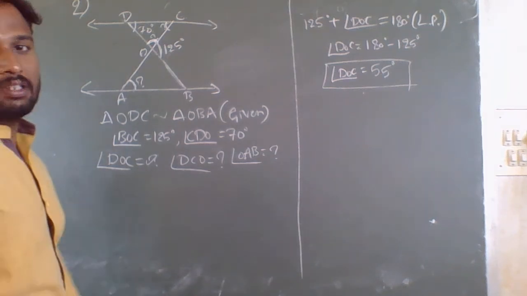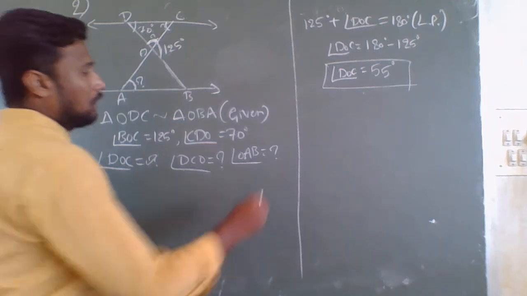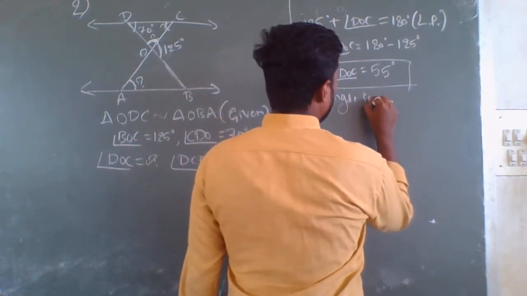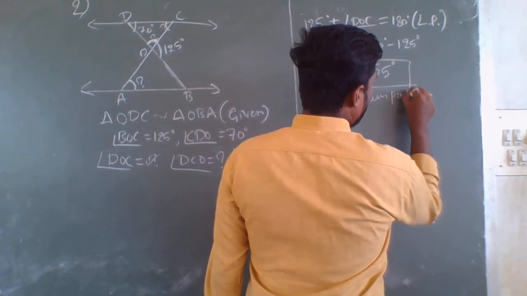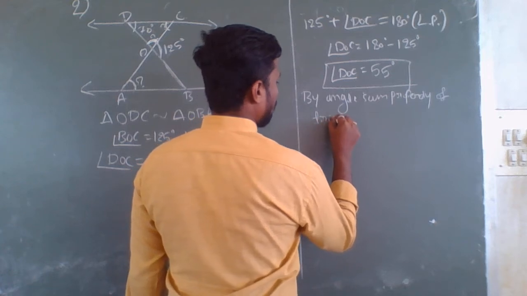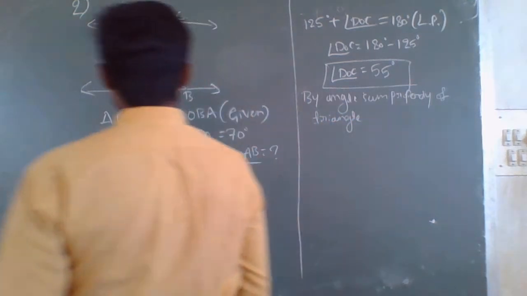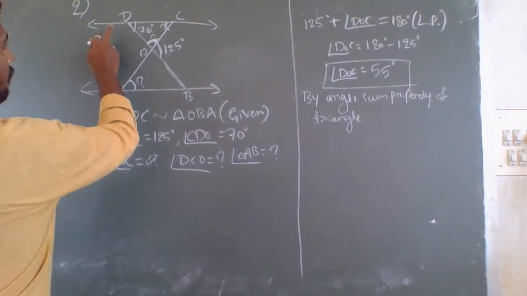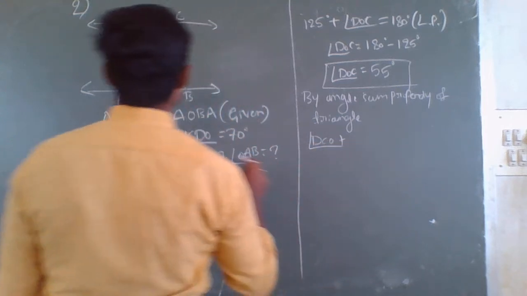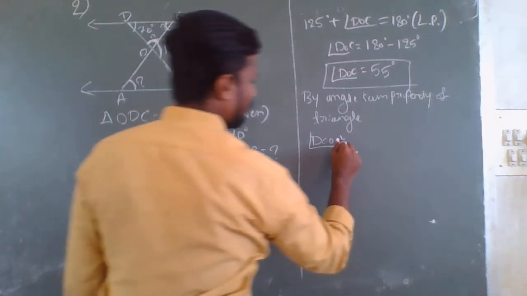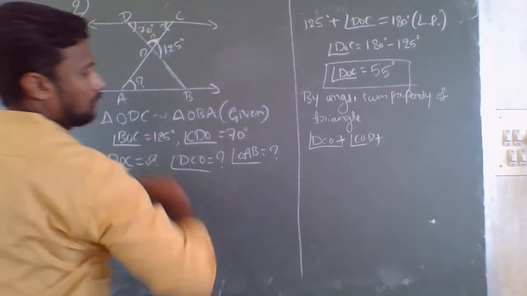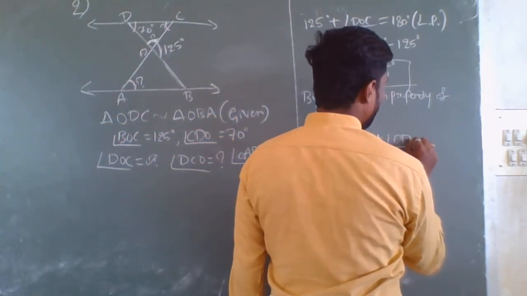Therefore, by the angle sum property of a triangle, we can write that angle DCO plus angle COD plus angle ODC.